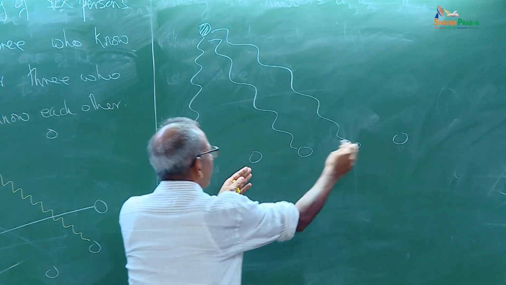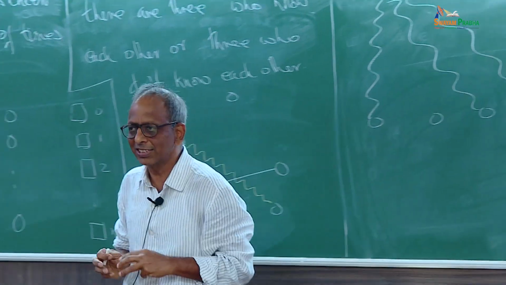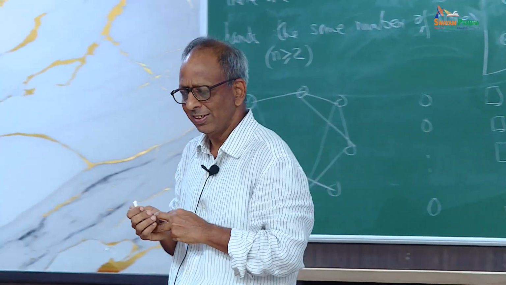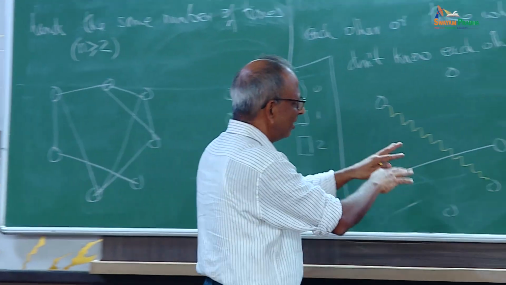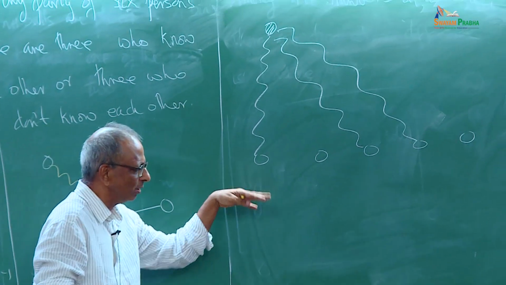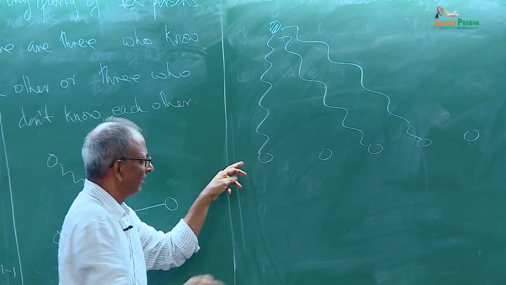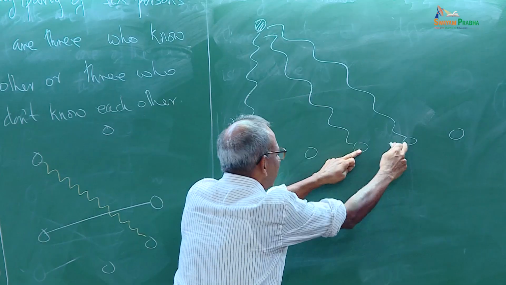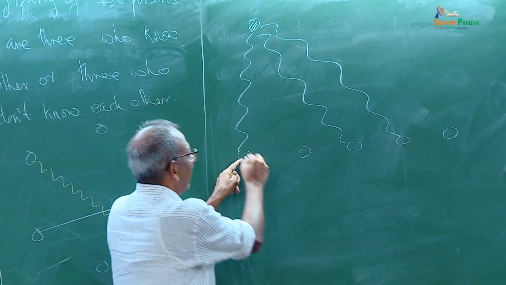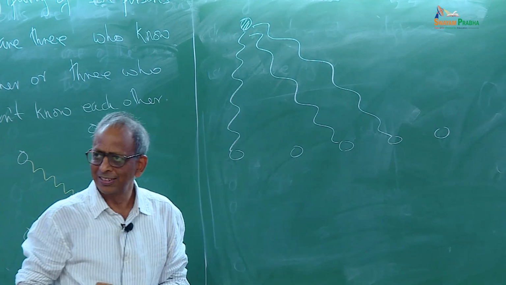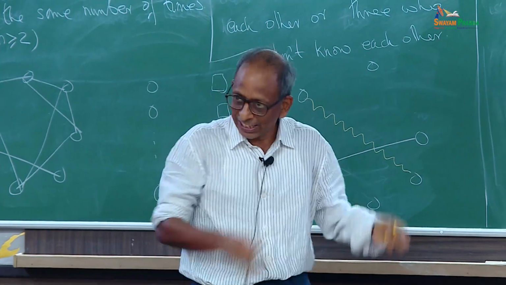Maybe it is also wavy to the others, but there are at least 3 vertices that are wavy. Then what happens? How will you get a wavy triangle? If any pair of these is connected by a wavy edge, then we would get a triangle. And if they were all connected with a solid edge, then they are the triangle.